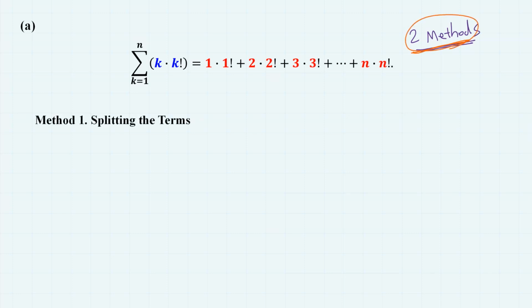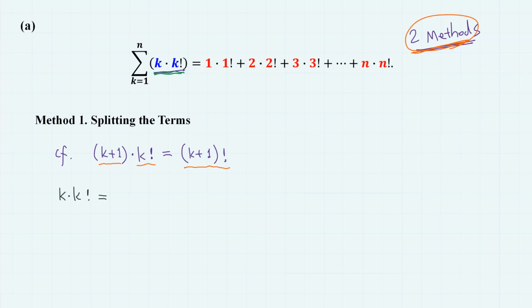In the first method, we attempt to manipulate this general term k times k factorial before we do anything about the summation. There's nothing much we can do with k times k factorial, but we can use the fact that k plus 1 times k factorial is equal to k plus 1 factorial.